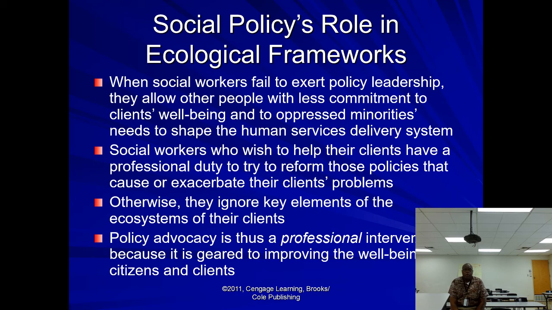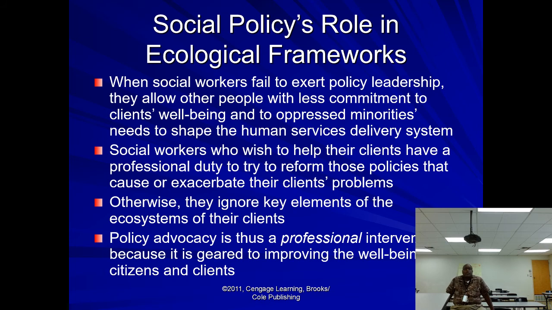Social policy role in ecological frameworks. When social workers fail to exert policy leadership, they allow other people with less commitment to clients' well-being and to oppressed minority needs to shape the human service delivery system.